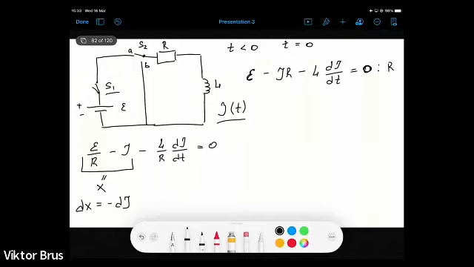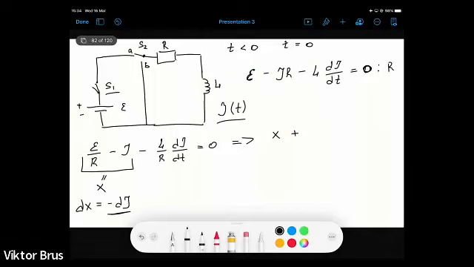With this substitution, our differential equation will look as follows. It will be x, and instead of minus we will have plus, because dx is equal to minus di.